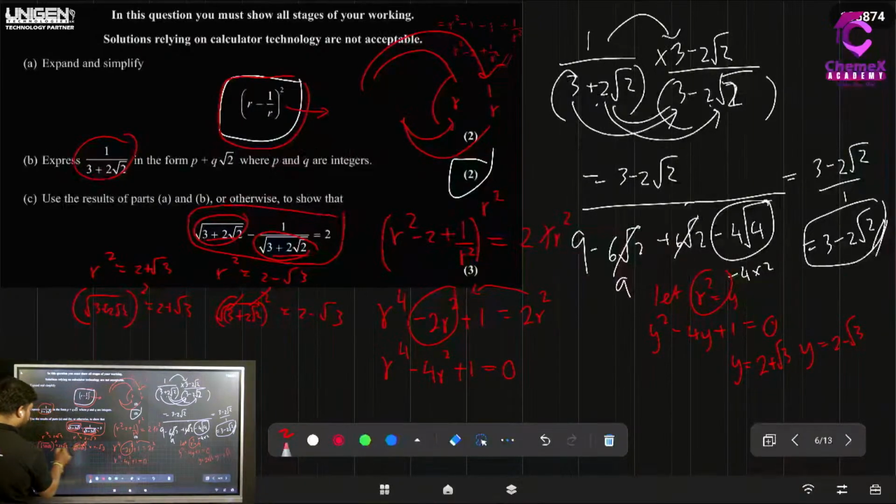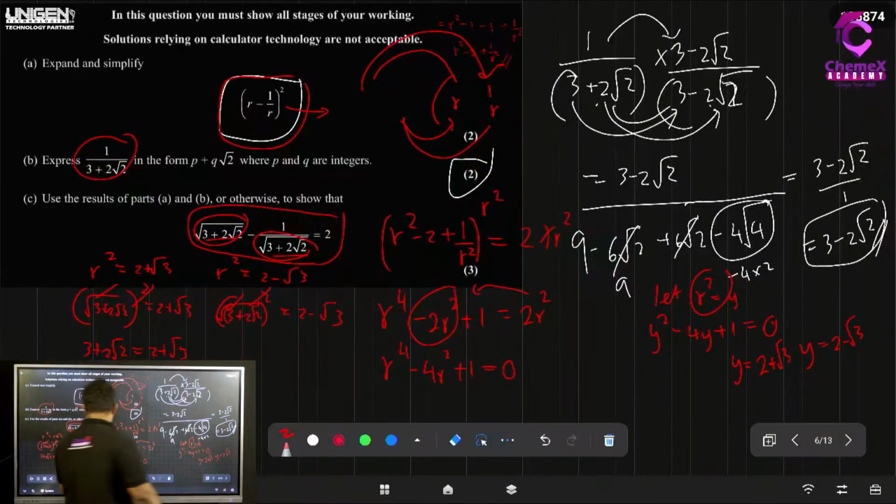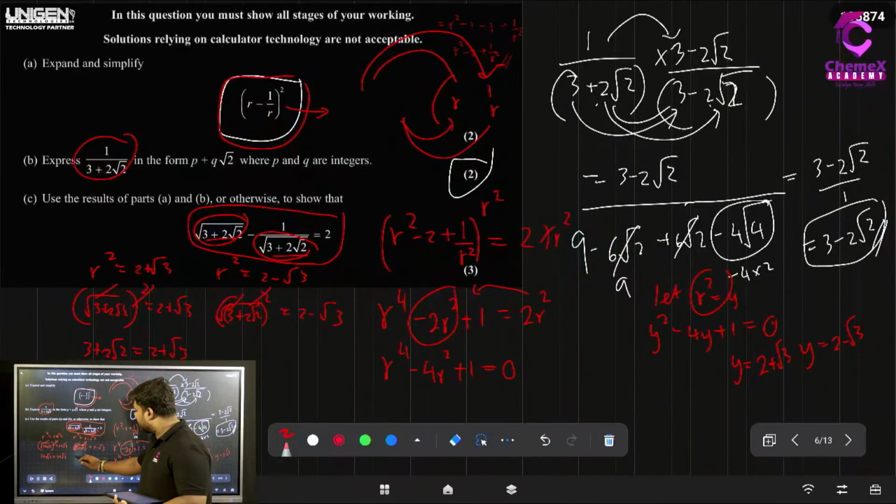So can you see these two cancel off? 3 plus 2 root 2 equals the square root of 2 plus root 3. Got it? So here also 3 plus 2 root 2 is equal to the square root of 2 minus root 3. Okay. Do you understand?